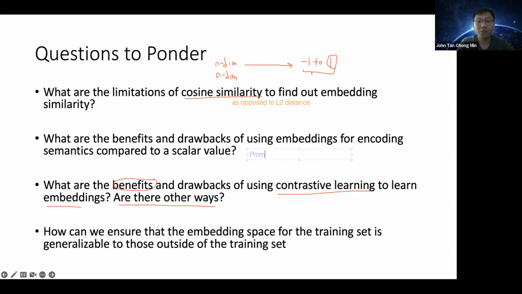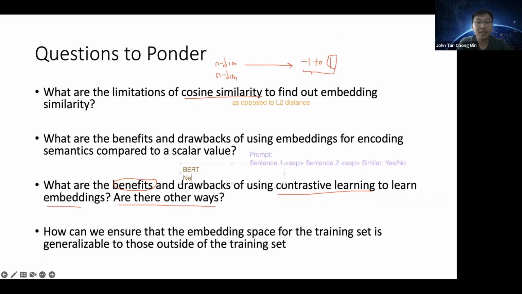So you can fine tune the model using this prompt. You can do sentence 1, sentence 2, or you can just do a separator token here, then sentence 2. And then you can just put similar, no. So you can structure your prompts in this form where you give it 2 sentences and then you output yes or no. So this is very similar to how BERT does the next sentence prediction.